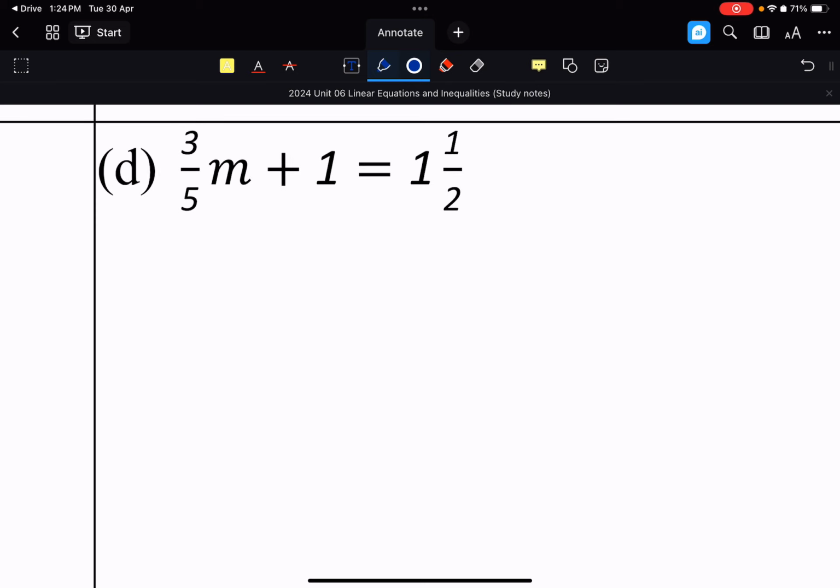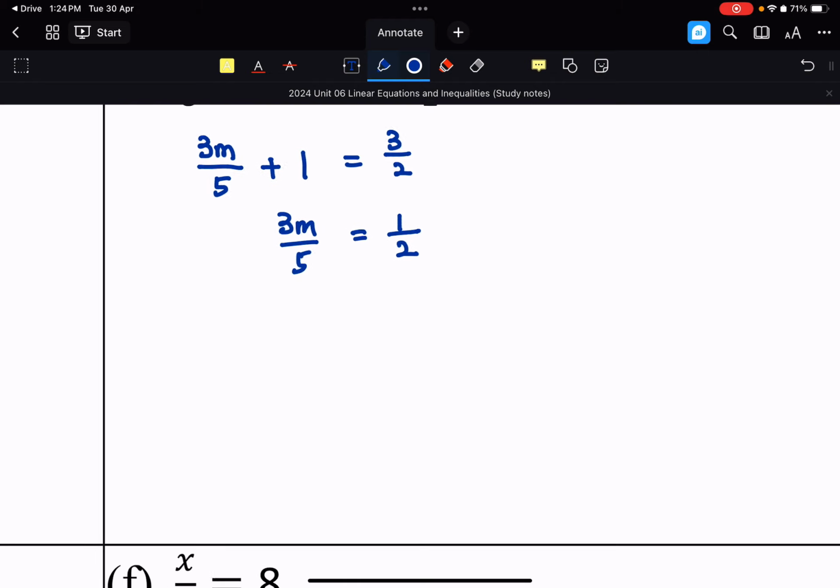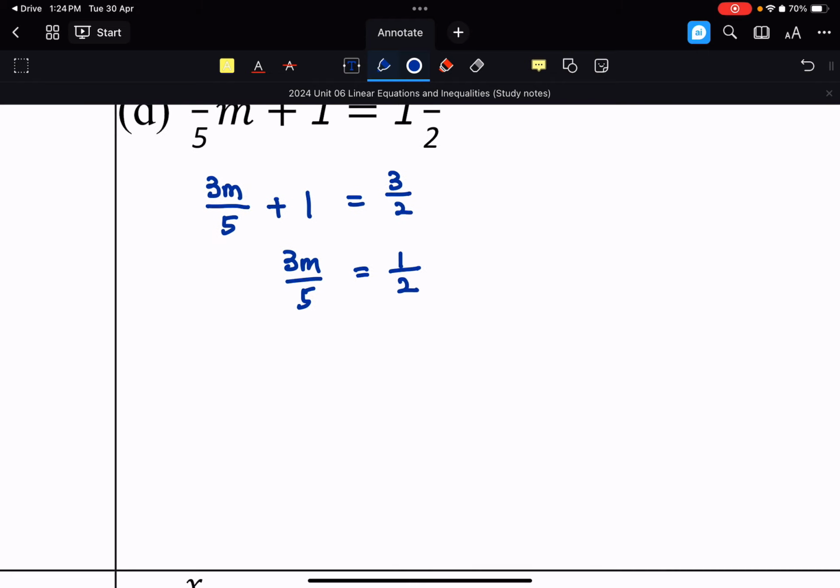Now, fractions. What can we do with fractions? Well, my recommendation is to first rewrite it in this form. 3m over 5 plus 1 equals 3 over 2. That means 3m over 5 is equal to, well, 3 over 2 minus 1 will give us a half. Right? And then we can multiply by 5 on both sides.